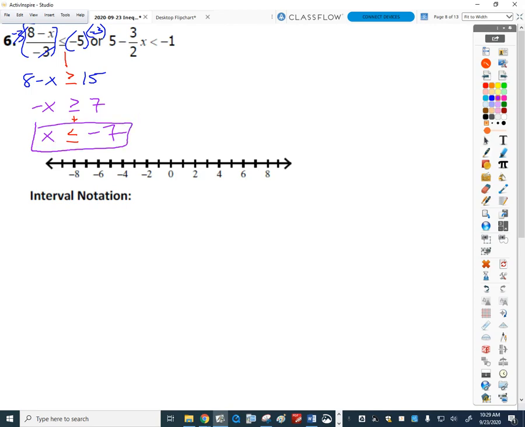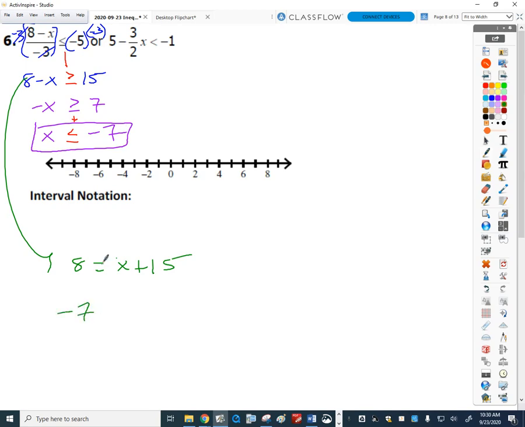Now, incidentally, this is fine to do it this way. We could subtract 8 and multiply by -1. The other thing we could have done here, I just want to show you, is another way to go with this. We could add the x to this side. So I end up with 8 equals x plus 15, subtract the 15 to get my -7.